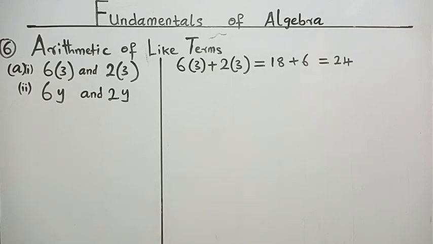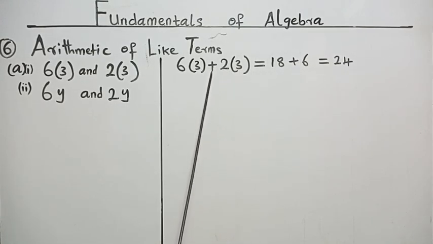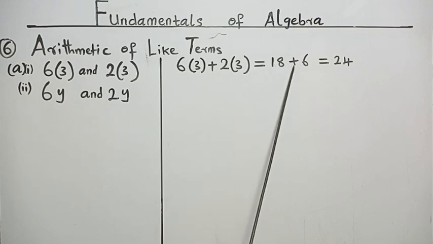I hope you know why. Since 18 comes out from here and 6 comes out from here, the number operation between them is addition, so 18 plus 6 is equal to 24.